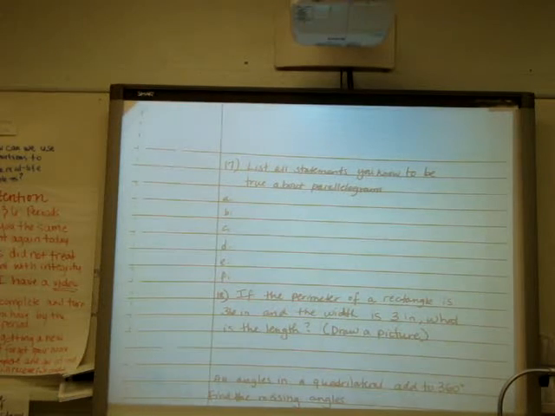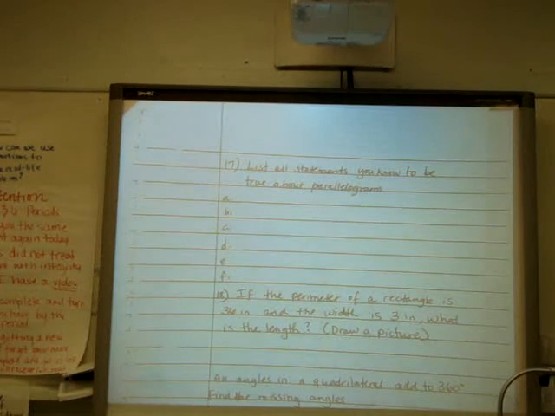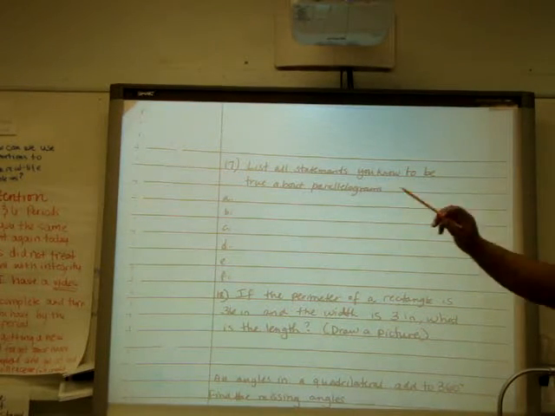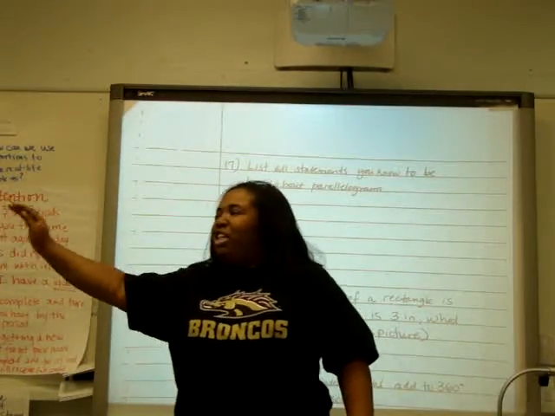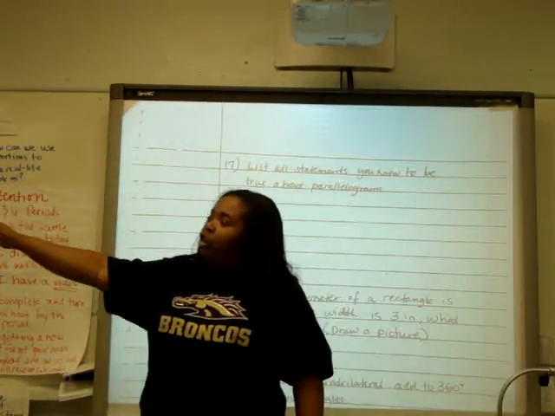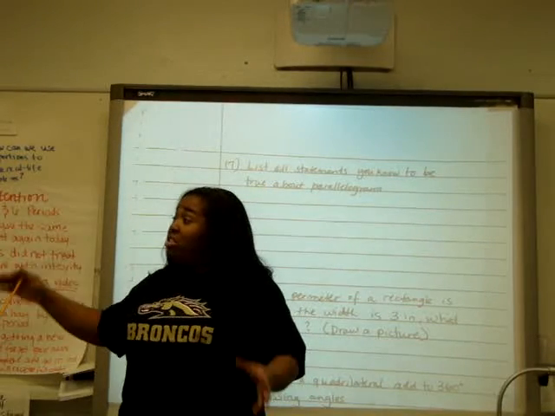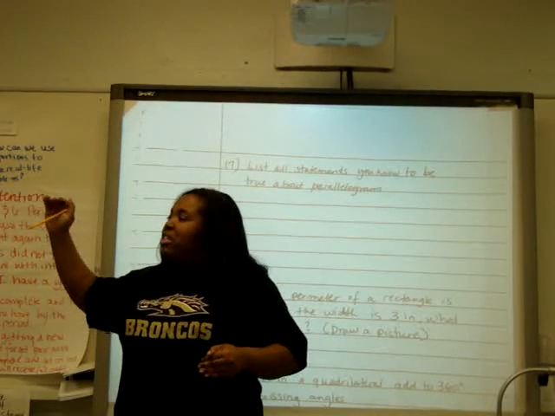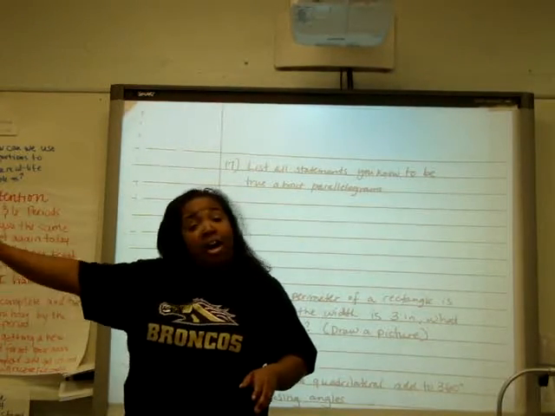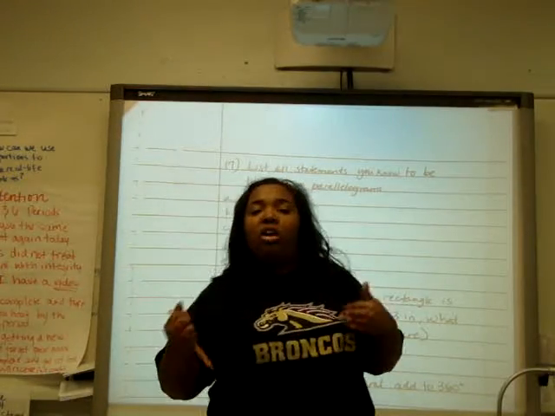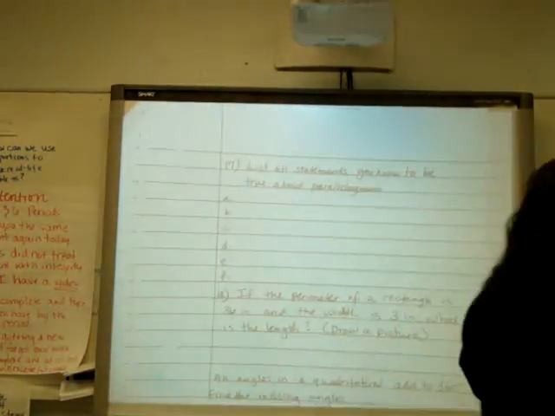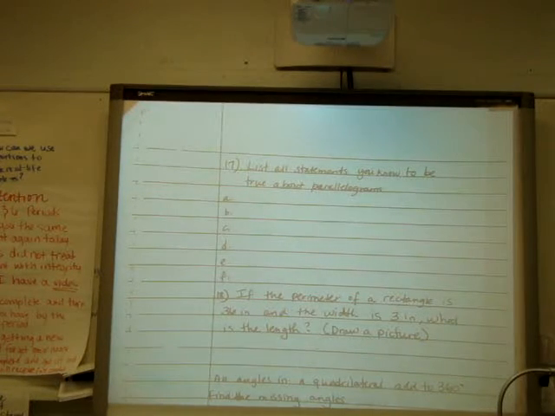If you do not know the rules for parallelogram, over on that side of the room there is a lovely anchor chart or anchor sheet that you can use. It says parallelogram, and it gives you some different qualities. There are also other parallelograms over there, so you can use those in order to get some properties to put on this sheet. So nobody should leave that blank, and you don't even have to go to Google.